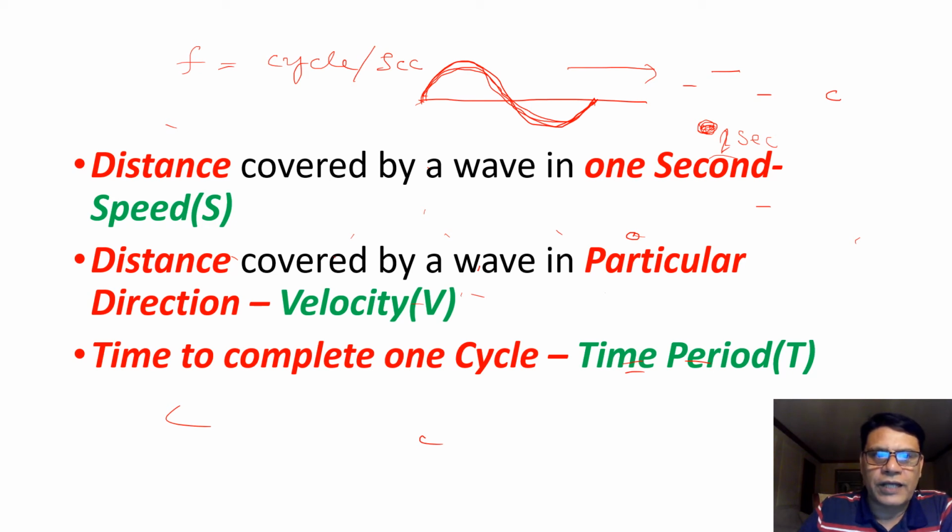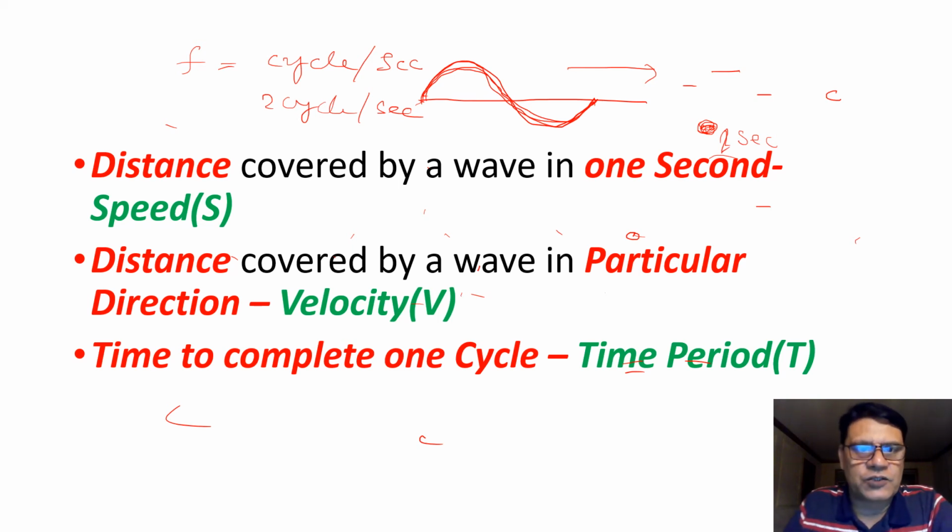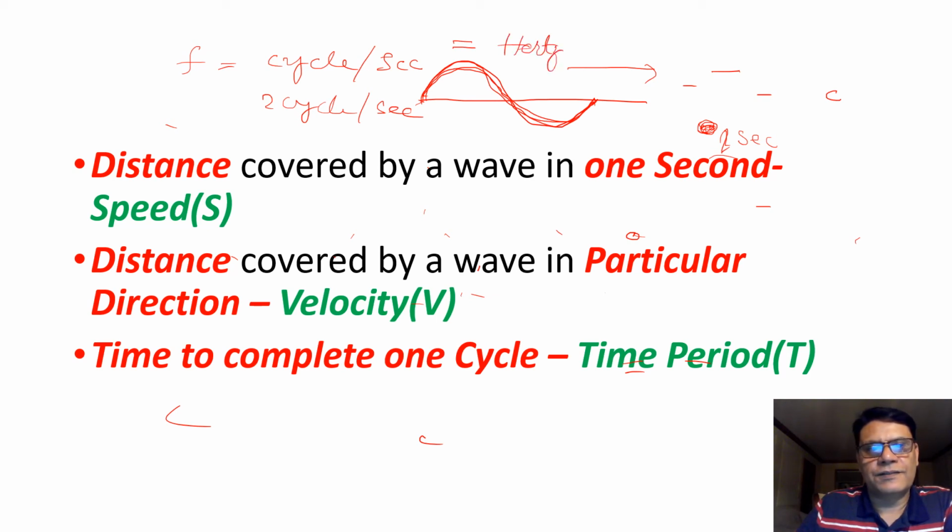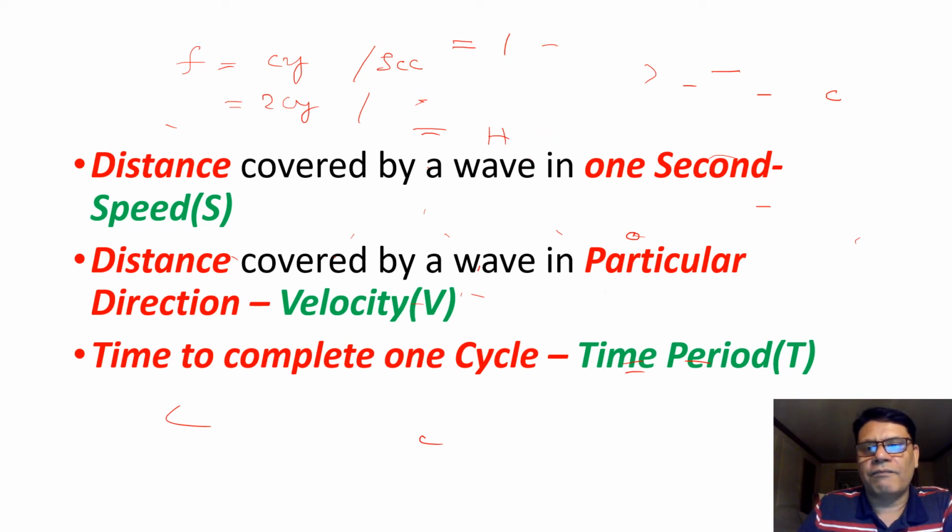If there are 2 cycles per second, the frequency is 2 cycles per second, and 1 cycle per second is also called hertz. Here the frequency will be 2 hertz. If there are 3 cycles in 1 second, the frequency will be 3 cycles per second, or 3 hertz.